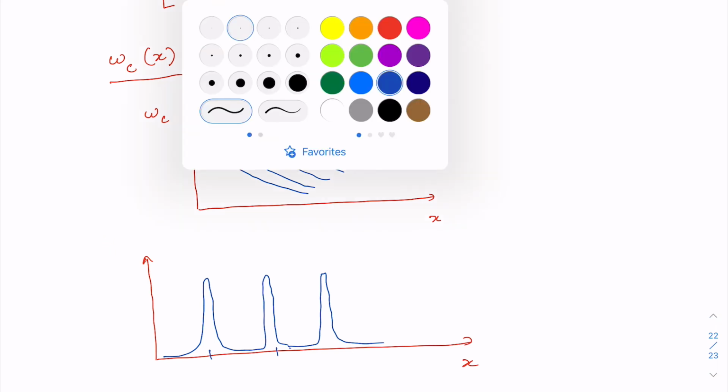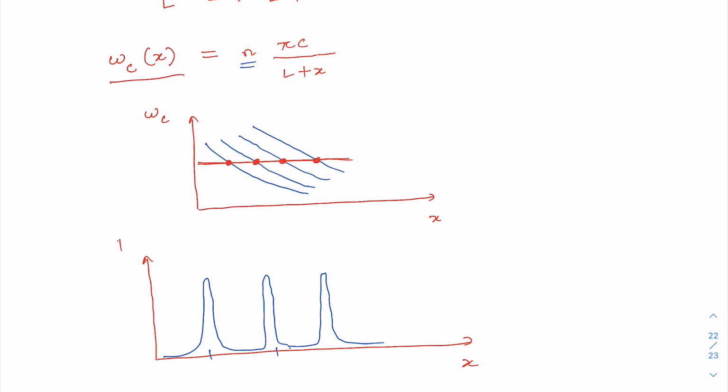Let me write it as F_rad, the radiation pressure force. One thing it immediately implies is that we have a strong force at the resonance positions. The force is very high.